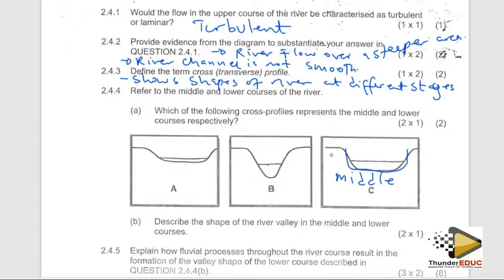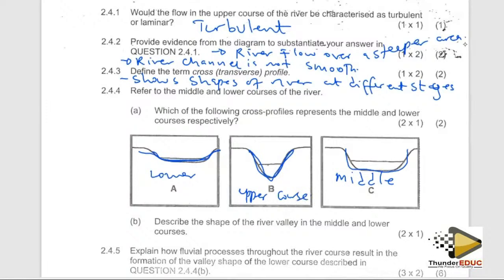Then the lower course is A. You can see it is very wide and shallow. So A is the lower course, then C is the middle course. Of course, B will be the upper course, because you can see it is very deep, forming a V shape. This will be our upper course.